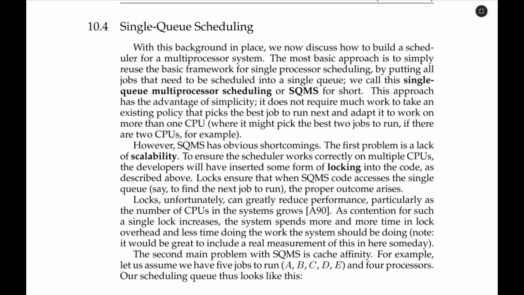This approach has the advantage of simplicity. It doesn't require much work to take an existing policy that picks the best job to run next and adapt it to work on more than one CPU, where it might pick the best two jobs to run if there are two CPUs, for example.